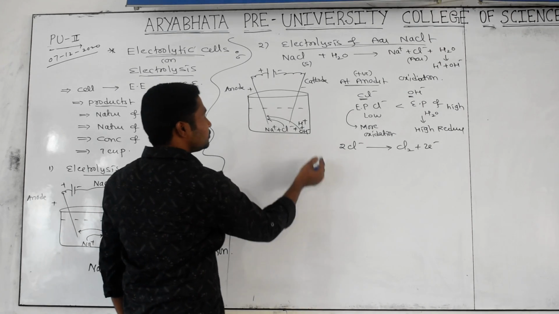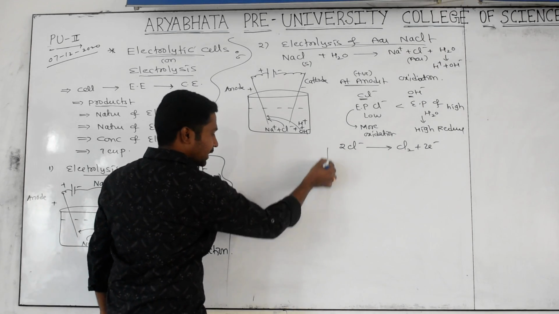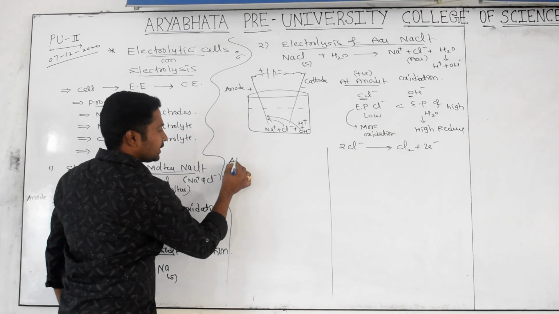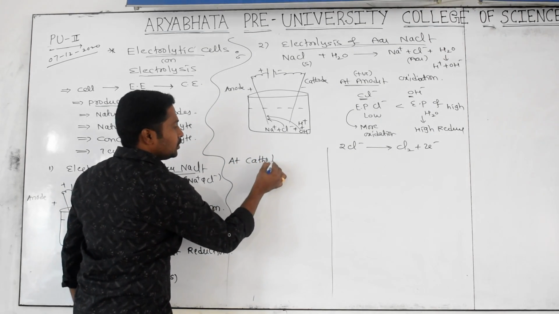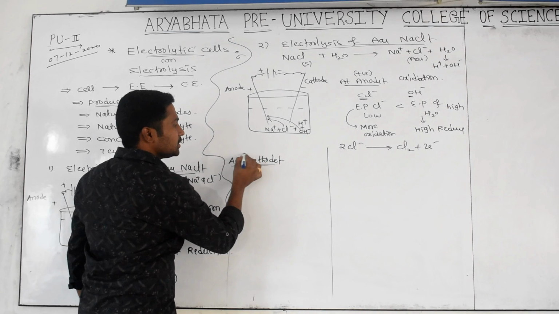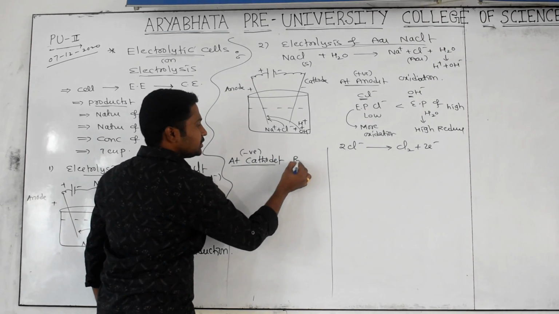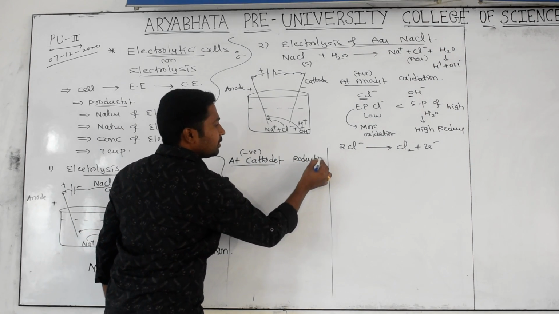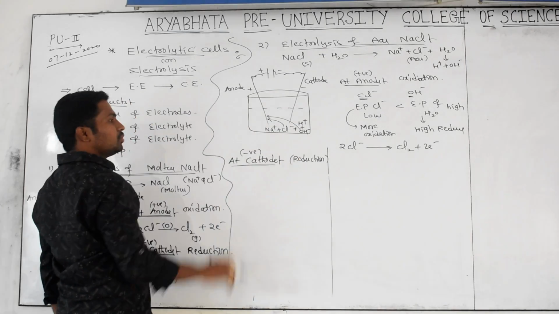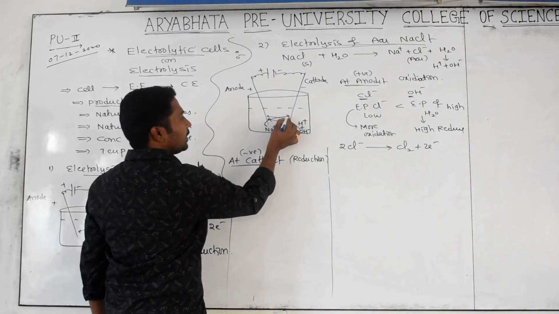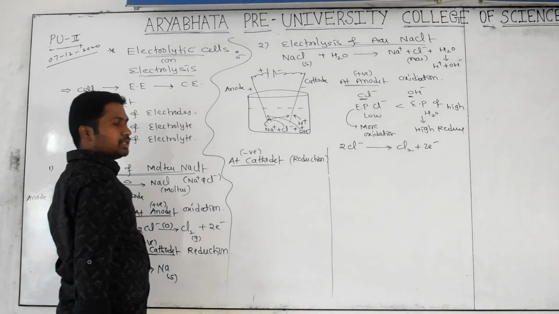Yes, now we have to discuss one more thing, which is at cathode. Cathode means the negatively charged rod. There, reduction will be going on preferentially. Towards the cathode, which particles are coming? Na plus particle is coming and H plus particle is coming.